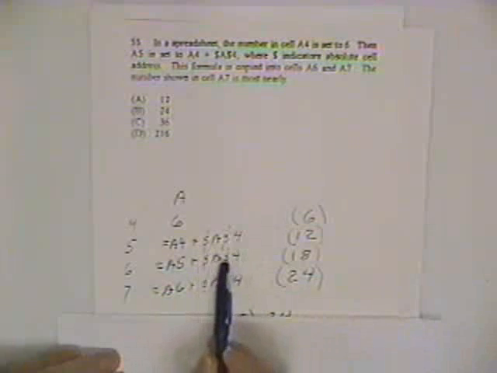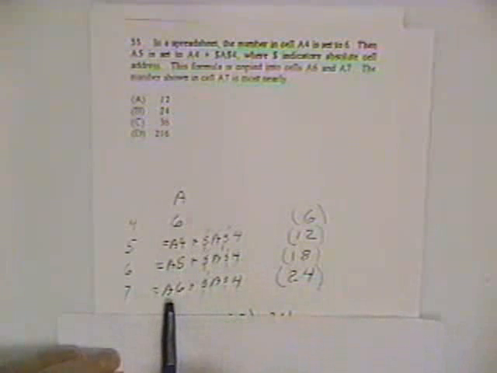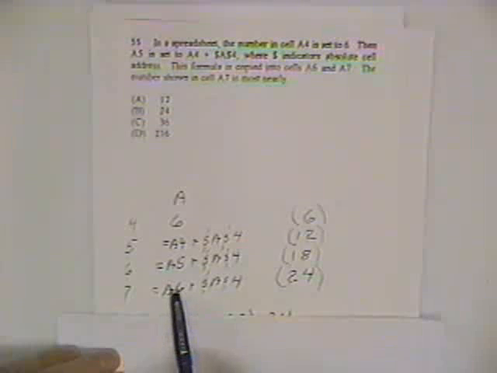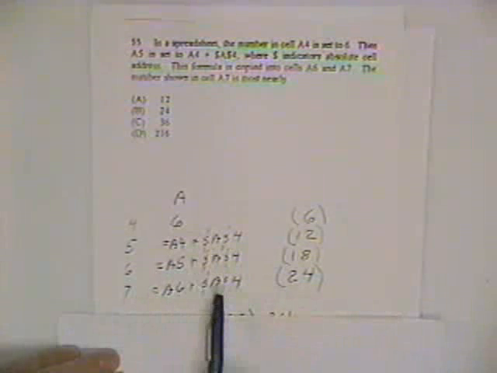So when copied, it refers back to the same cell that it initially referred to, exactly A4. And then when you copy that cell down to A7, again, the relative cell address remains relative. It refers to the cell immediately above it, in this case A6. The absolute address remains absolute. It refers back to cell A4.